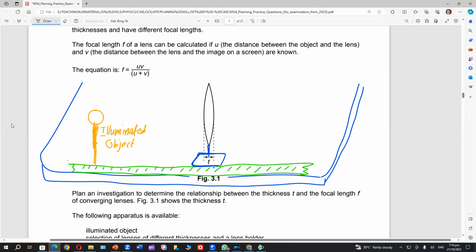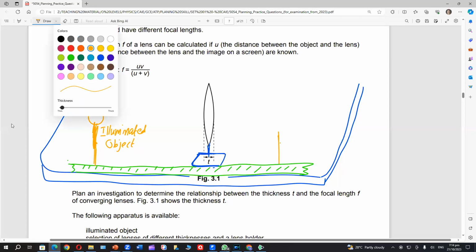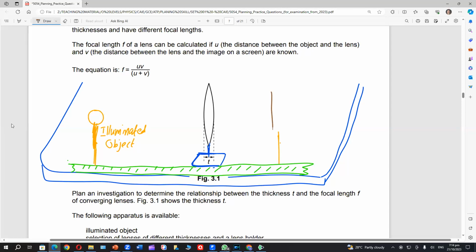And let me place a screen. Now I have placed a lens.